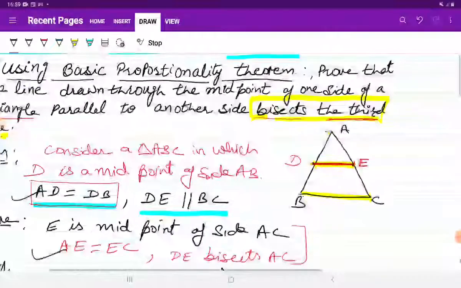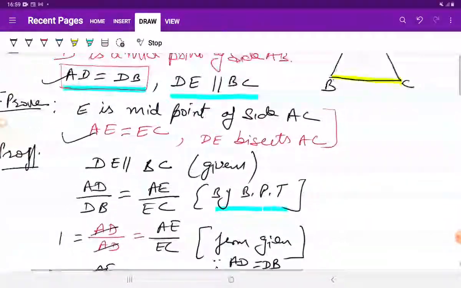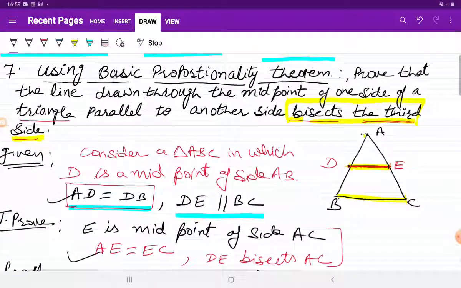So again come to the statement and check whether you proved it or not. Prove that the line drawn through the midpoint of one side of the triangle parallel to the other side, this BC, bisects the third side, this AC.